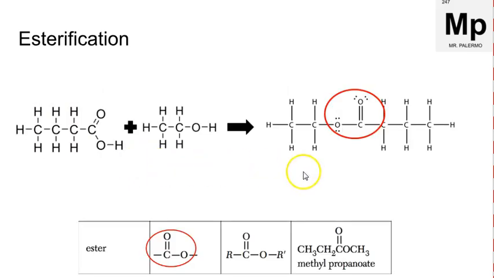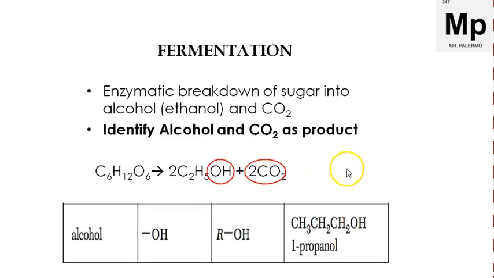Esterification is making an ester, so you can look for, using table R, look for the ester. These make our smells. And we use an organic acid and an alcohol to make these esters. Fermentation is making alcohol, so we're using an enzyme to break down sugar into alcohol and carbon dioxide, the bubbles.